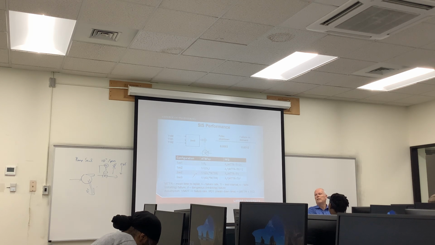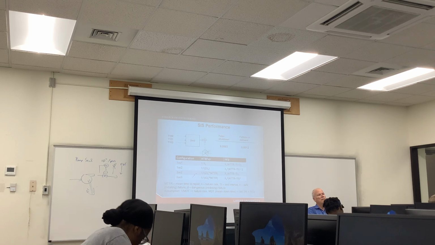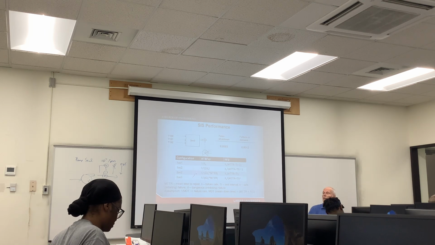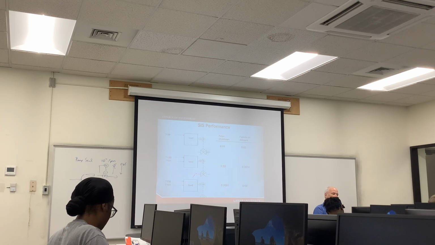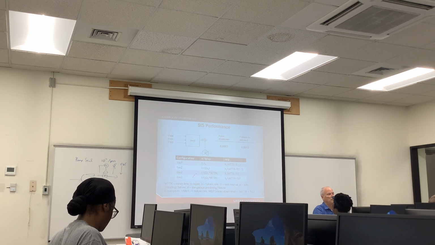They have 3 measurements that come in. They're completely independent of the DCS. They go straight into the safe instrument system. And then the logic does 2 out of 3 voting. So if you wondered why they did that, that's why. It's because 1 out of 1 voting is not good enough. So the next reasonable thing to do is 2 out of 3 voting.